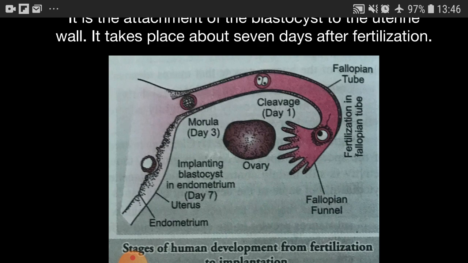Okay? Do you get it? So here in this diagram you can see the pit in the endometrium.